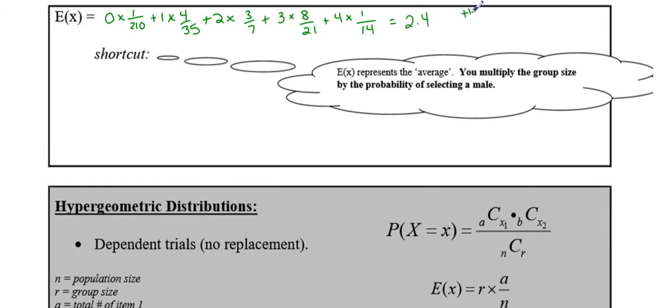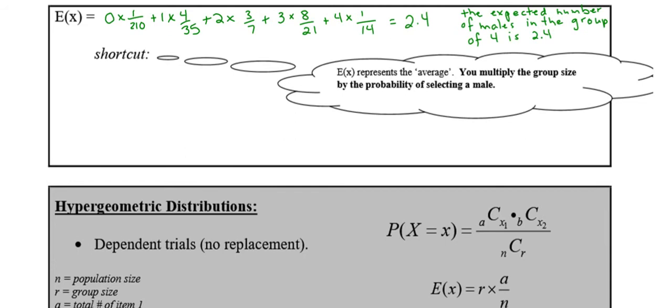So the expected number of males in the group of 4 is 2.4. And again, it's an average, so you are allowed to have a decimal.